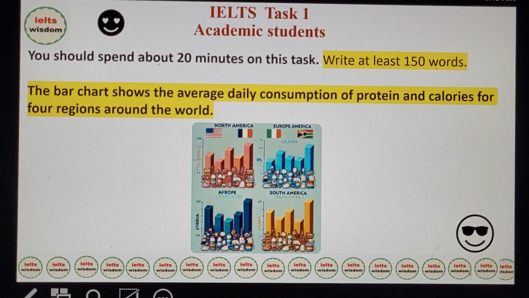Now let's get started. You should spend 20 minutes on this task, right? At least 150 words. The bar chart shows the average daily consumption of protein and calories for the 4 regions around the world. My picture is a little bit colorful, but in the exam you don't have this colorful picture, you have a black and white picture, right?